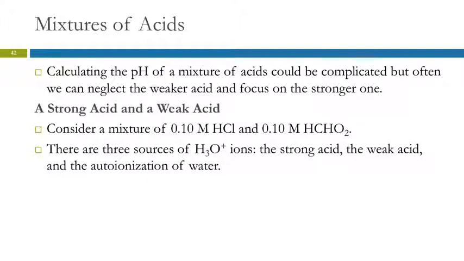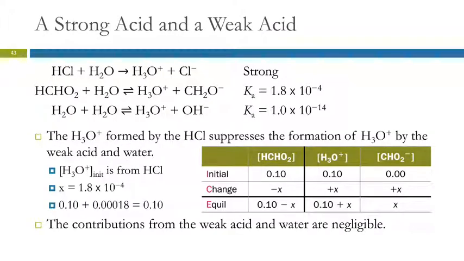Are we okay with that? So here we have our strong acid, here we have our weak acid, and here we have the autoionization of water. The hydronium ions that are formed by the HCl suppress the formation of hydronium by the weak acid and by water. So this HCl ionizes completely.